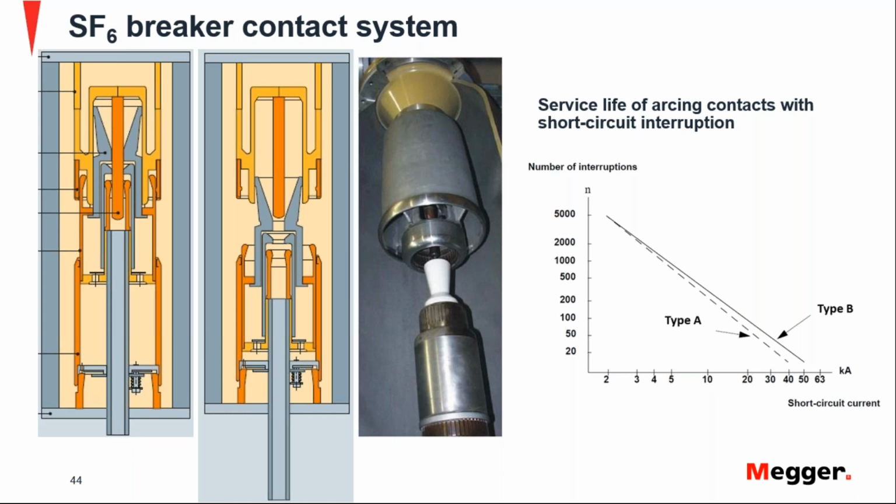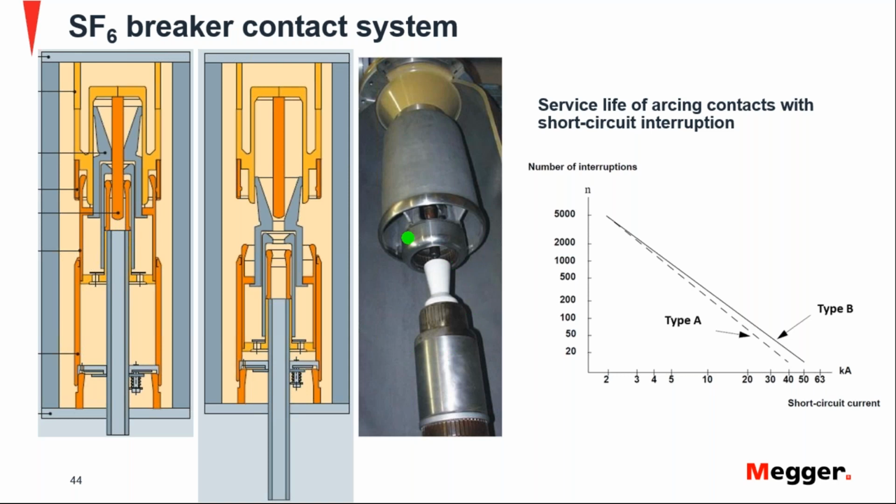So in this case, we are seeing here the cross section. This section here is the main fixed contact. The other one here is the moving main contact. And here we have the fixed arcing contact and the moving arcing contact here.